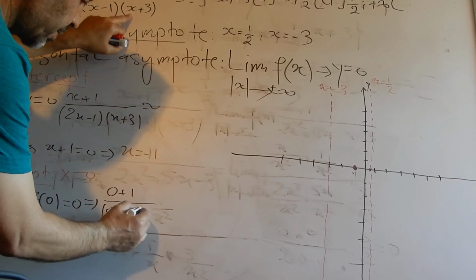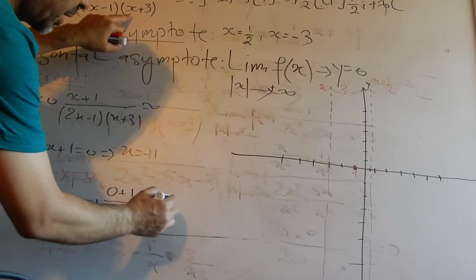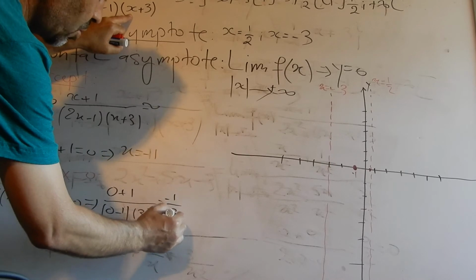That means 2 times 0 equals 0, minus 1, times 3, which equals minus 3, and 1 over minus 3 means minus 1 over 3.